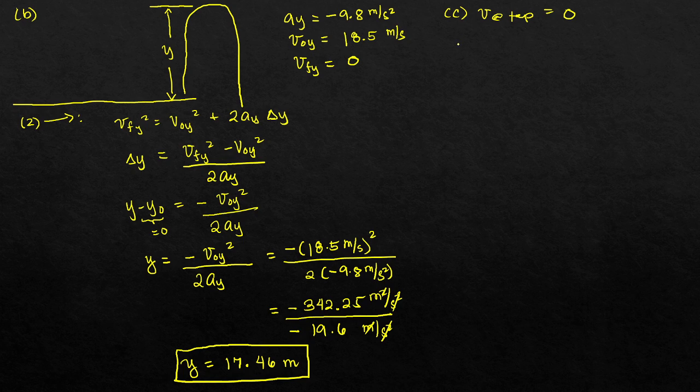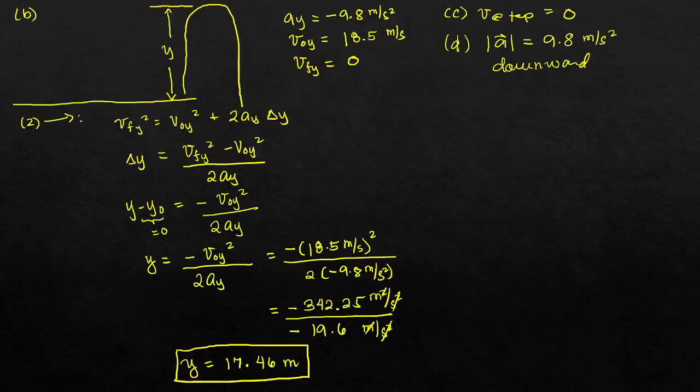The magnitude of the acceleration is actually 9.8 meters per second squared, and its direction is downward. That's why we have a negative sign being used all throughout the problem.